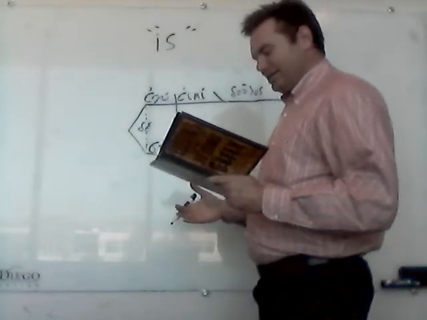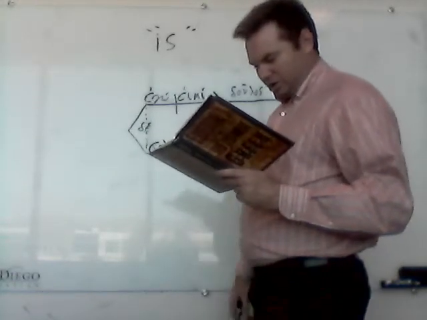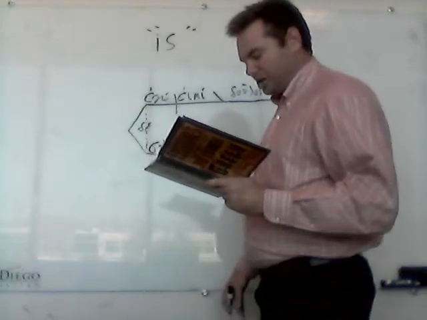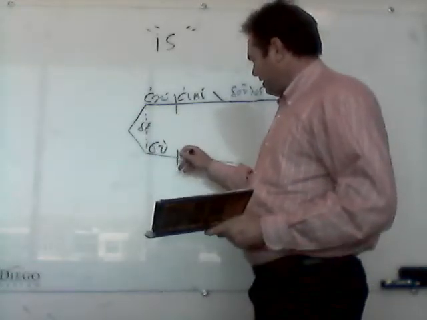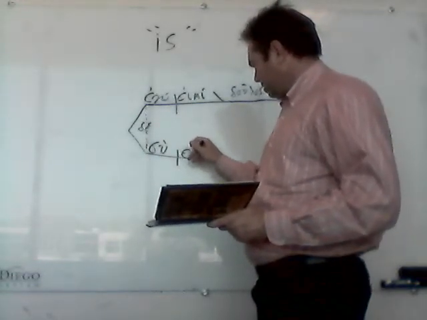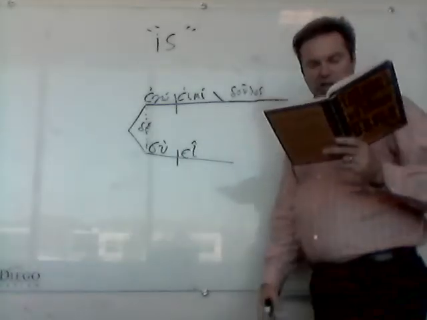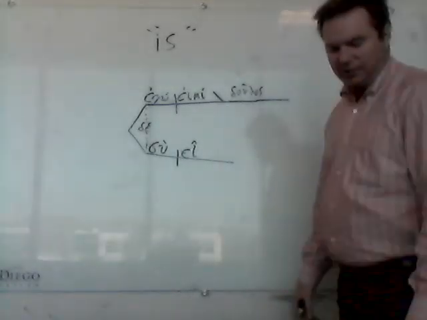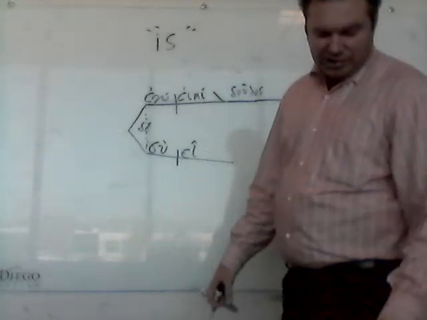The de goes after the subject, but it still separates those two. Now here, epsilon iota with these little marks means you are. You can look at that in the paradigm you're given for the linking verbs.